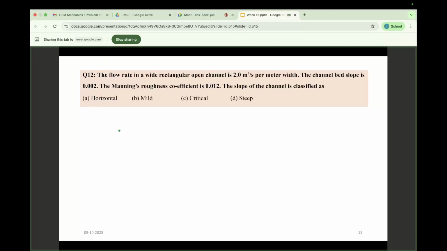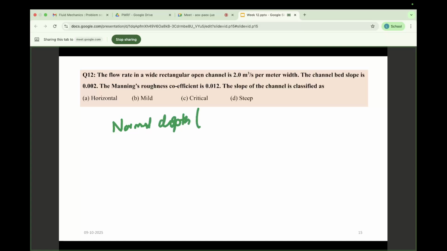To check whether the slope of the channel is steep, critical, or mild, you have to find the normal depth. So first find this normal depth.